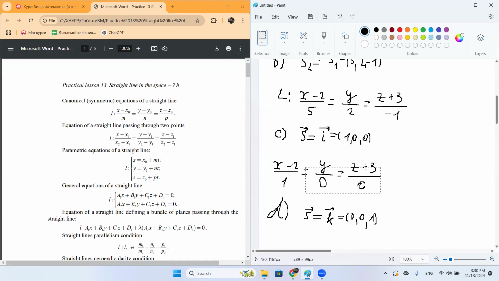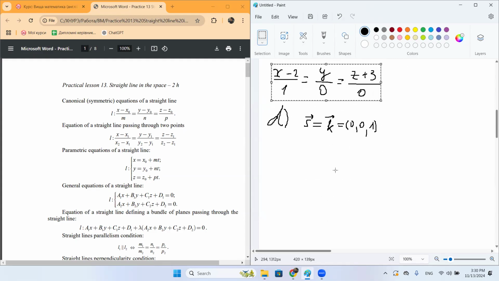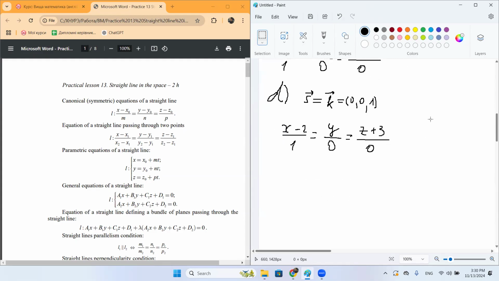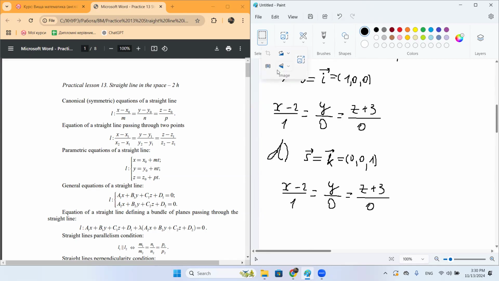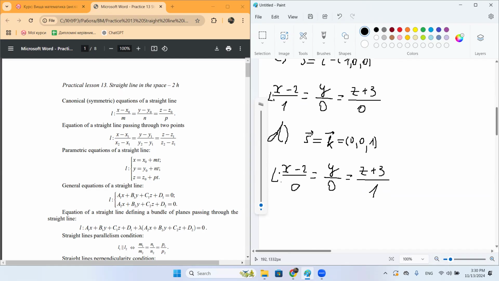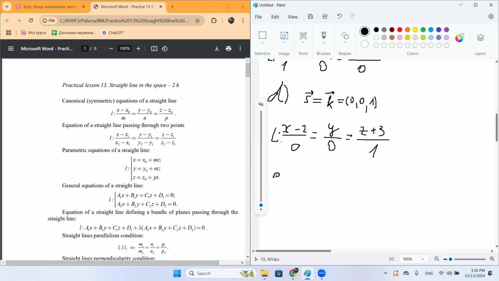And just to save our time, I will only copy and paste this equation and provide some changes.